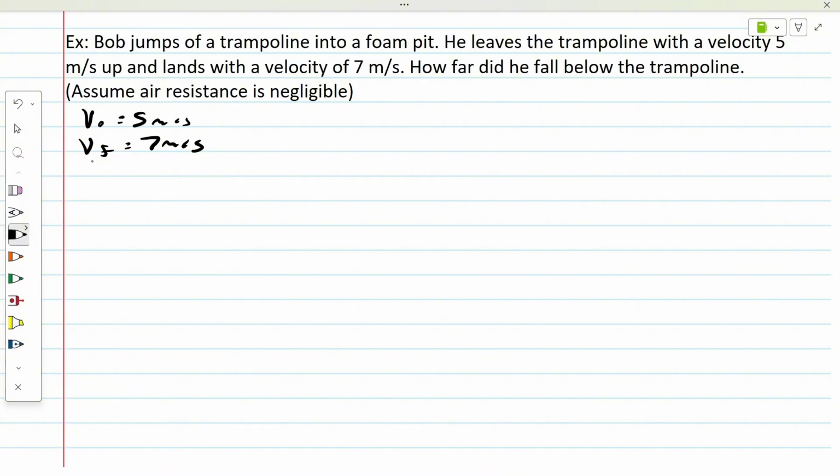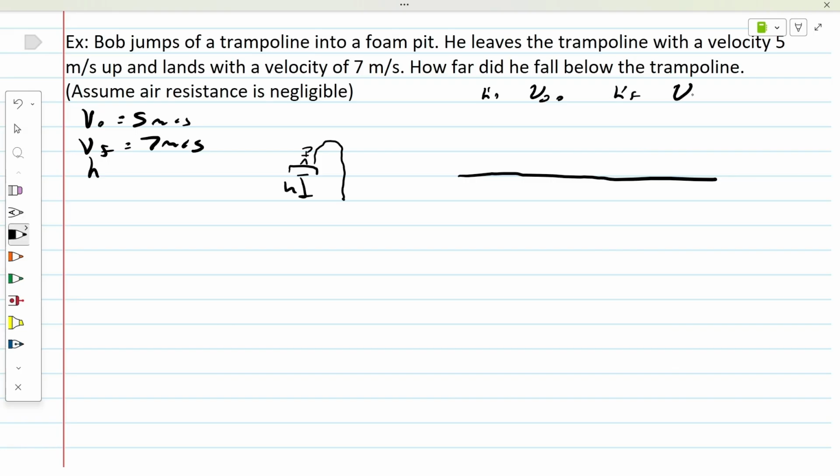So we want to know what was this height that he fell, because he's on the trampoline, right? He's jumping on there, and he jumps up and then falls down a certain height, and that's the height that we want to find. Alright, so if we write out our energy graphs for a conserved system, we only care about these initial and finals. We could put the non-conservative work here, but we know it's going to be 0 because we've defined this as a closed system, making the system Bob and the Earth.